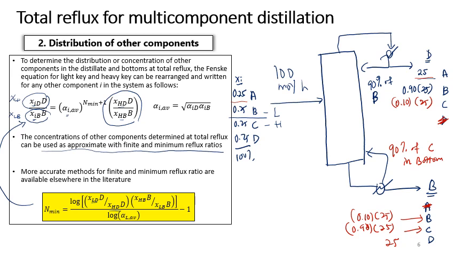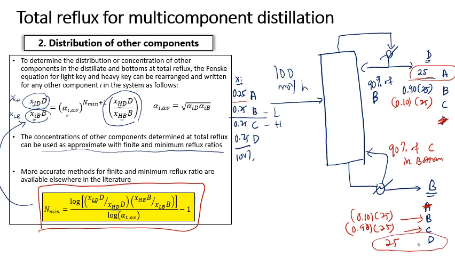However, after you have calculated the minimum number of stages using the Fenske equation, then you want to calculate the distribution of other components. Is it really 100% of A recovered in the top product and 100% of D recovered in the bottom product? Is it really that no D at all here and no A at all here?